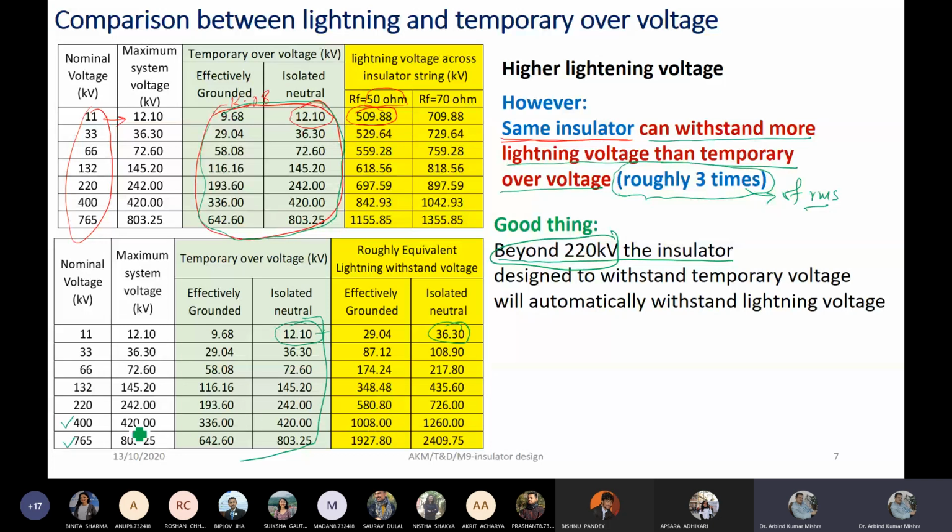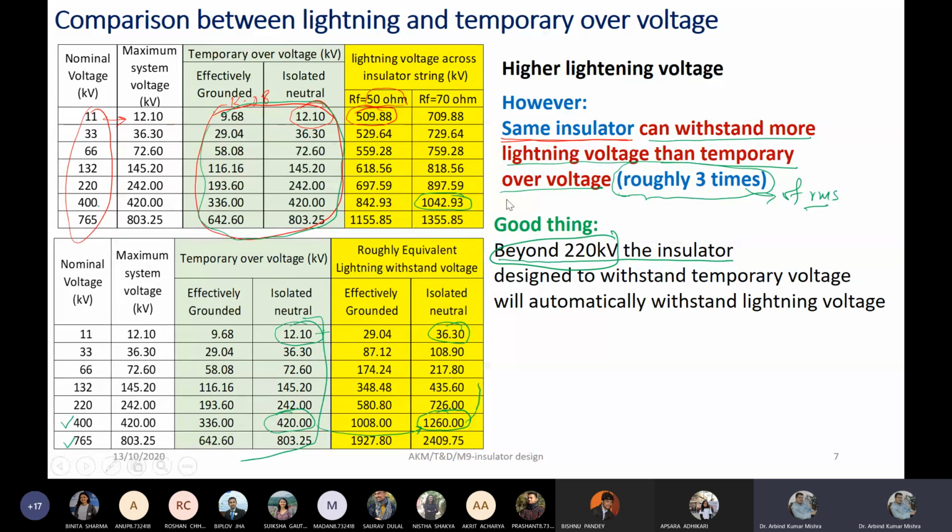What does it mean? If an insulator is designed to withstand 420 kilovolt of temporary overvoltage, it can withstand 1260 kilovolt of lightning voltage. And for 400 kilovolt, the lightning voltage itself is 1042.93 kilovolt. That means lesser than this.